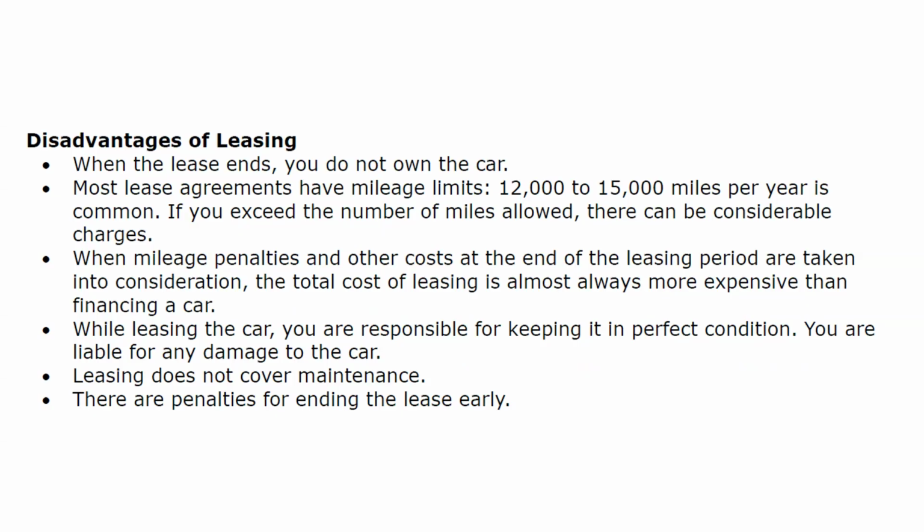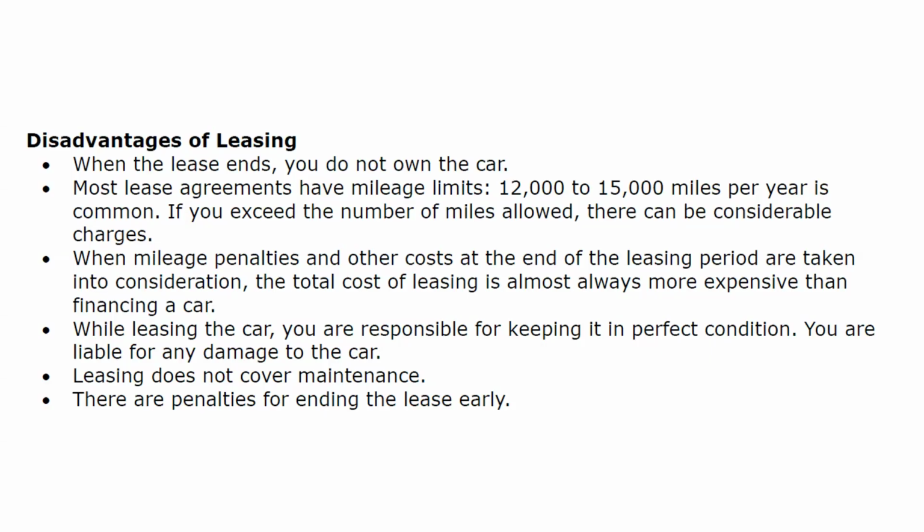Some disadvantages of leasing, though, is that when the lease ends, you do not own the car because it goes back to the dealer. Most lease agreements have mileage limits, usually between 12,000 and 15,000 miles per year is the most common. If you exceed the number of miles allowed, then there could be considerable charges.